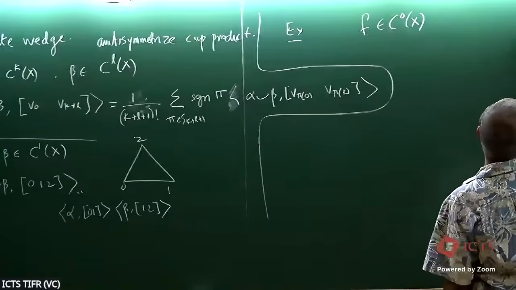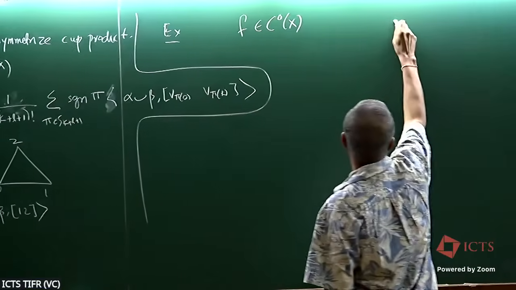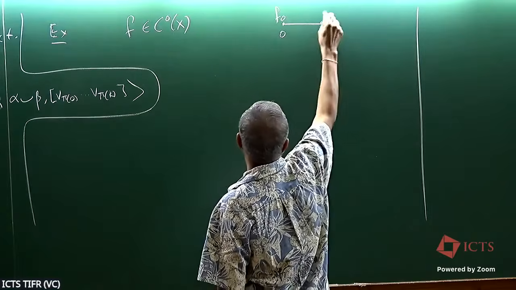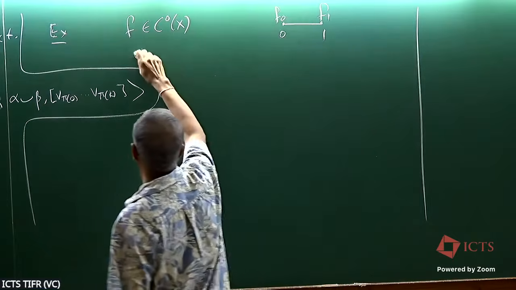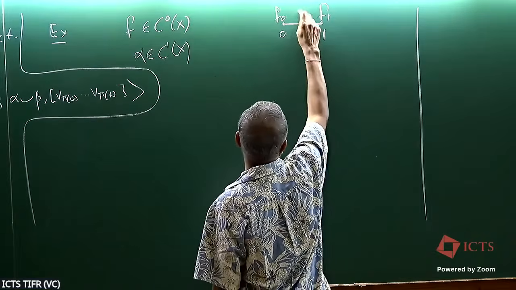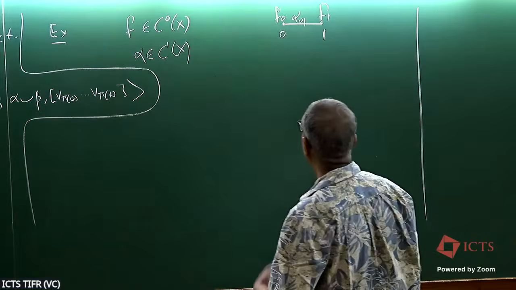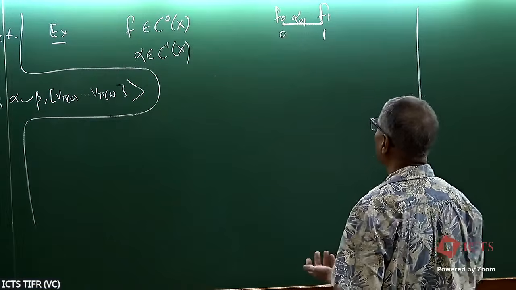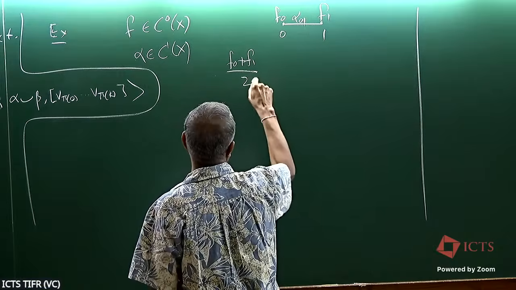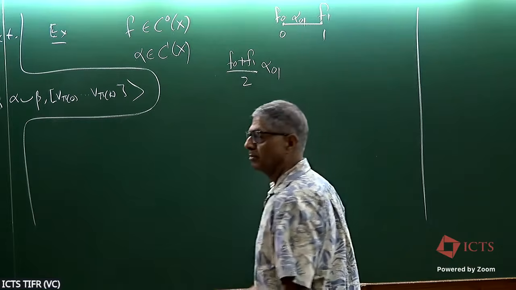But if you ask anyone, hey, I've got something that lives on vertices, let's say you have an edge, I've got F0 and F1 living here, and I've got something that lives on the edge, let's call it the value alpha 0, 1. How should I multiply them? Well, a reasonable thing would be to average these guys and multiply by this number, right?